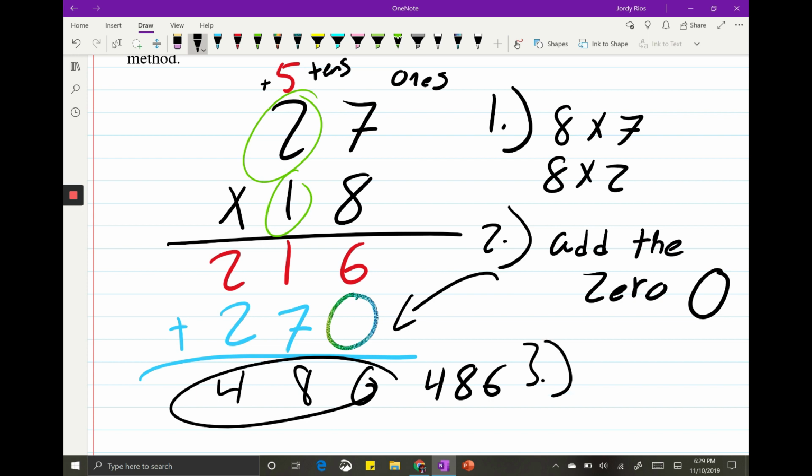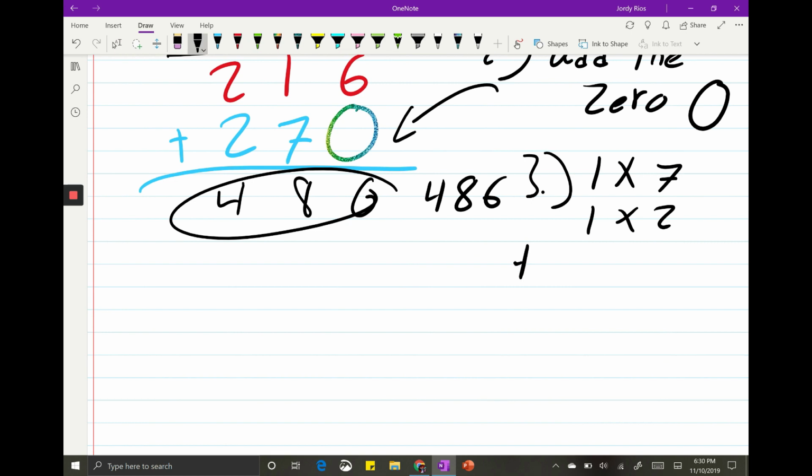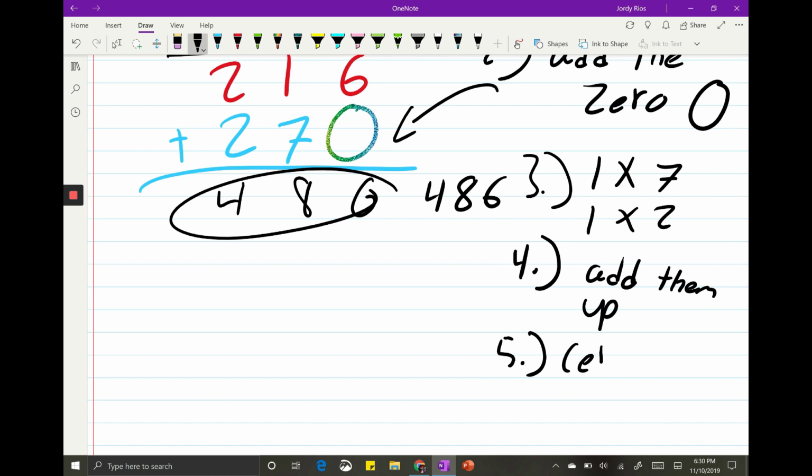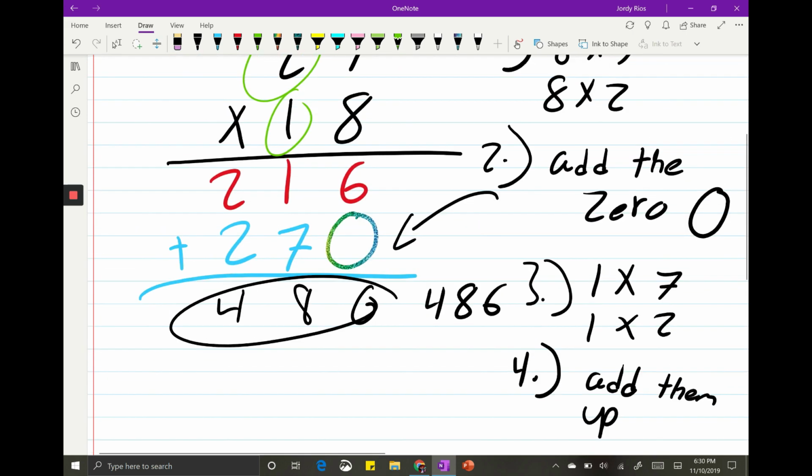And then step 3, we're multiplying 1 times 7 and 1 times 2. And then step 4 is to add them up. Then step 5, celebrate. Celebrate, okay? Because we got the answer.